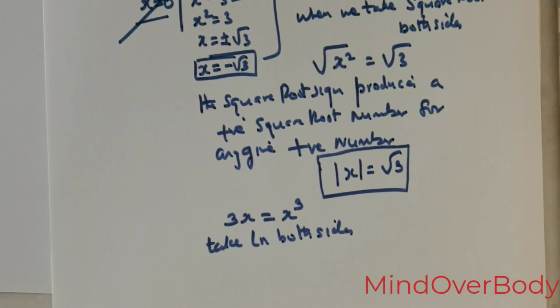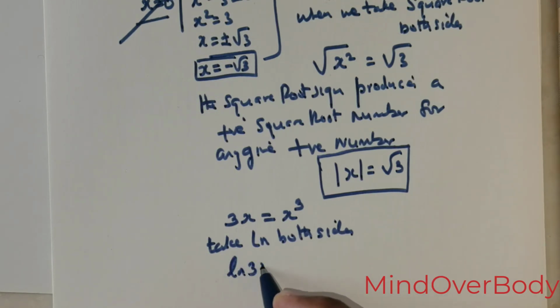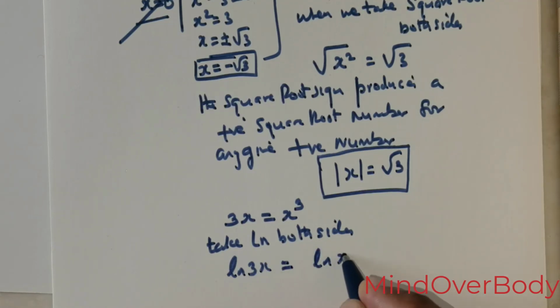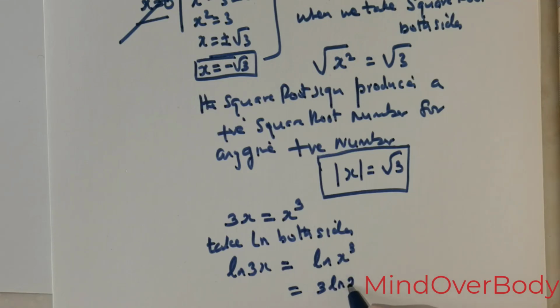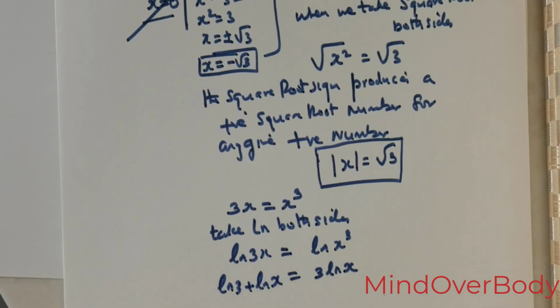Now, taking ln on both sides, I get ln of 3x is equal to ln of x cubed. Now, on the right hand side, I can rewrite this as 3 times ln of x. On the left hand side, I can rewrite this as ln of 3 positive ln of x.